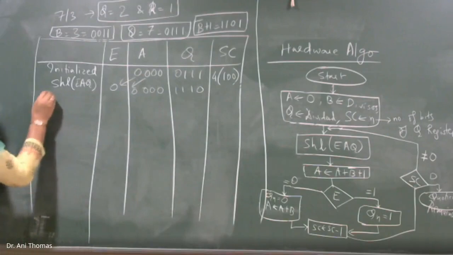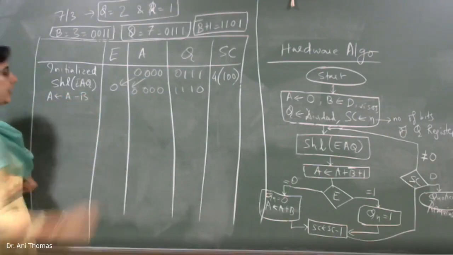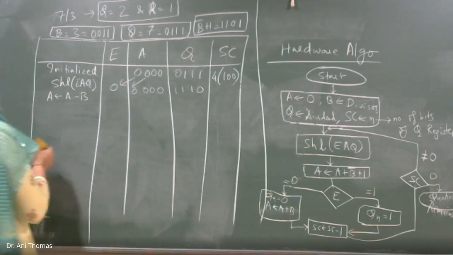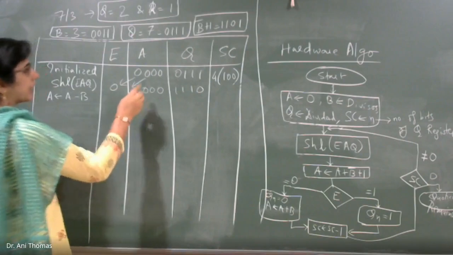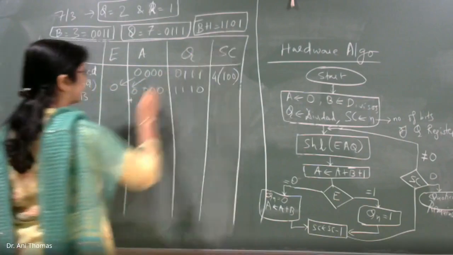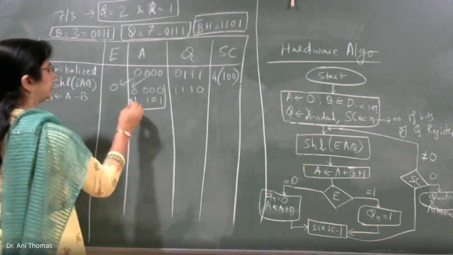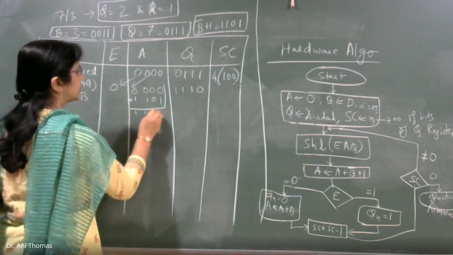So we do A is A minus B, or you can write A plus B bar plus 1. When we do A plus B bar plus 1, we get 1, 1, 0, 1.